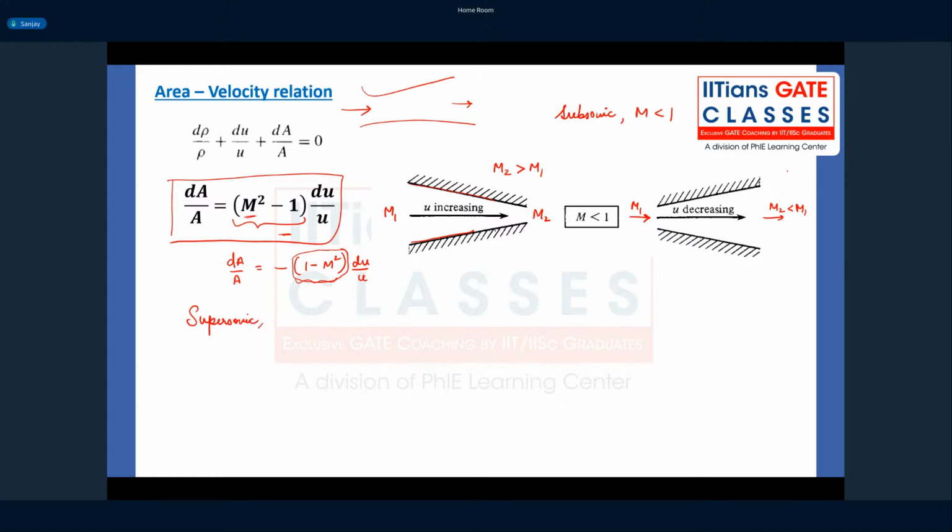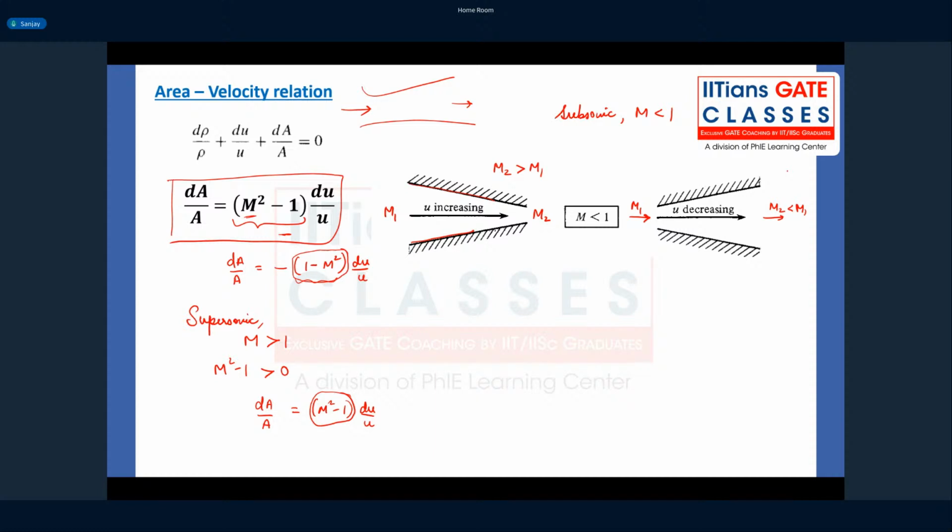If the flow is supersonic, my Mach number is going to be greater than 1. If the Mach number is greater than 1, this term M squared minus 1 is going to be positive, right? So dA by A is going to be M squared minus 1 times du by u, which is a positive quantity.